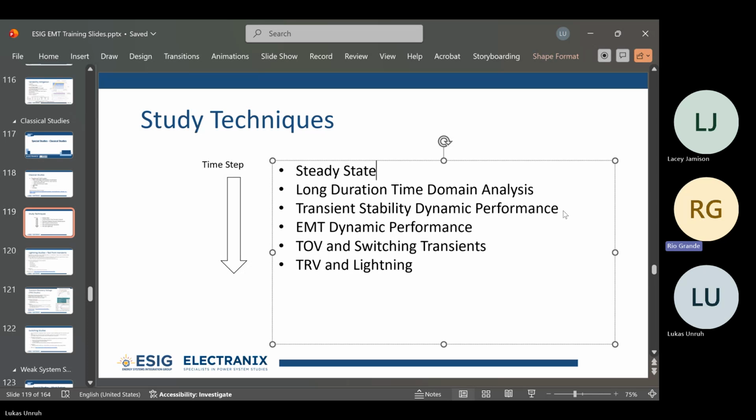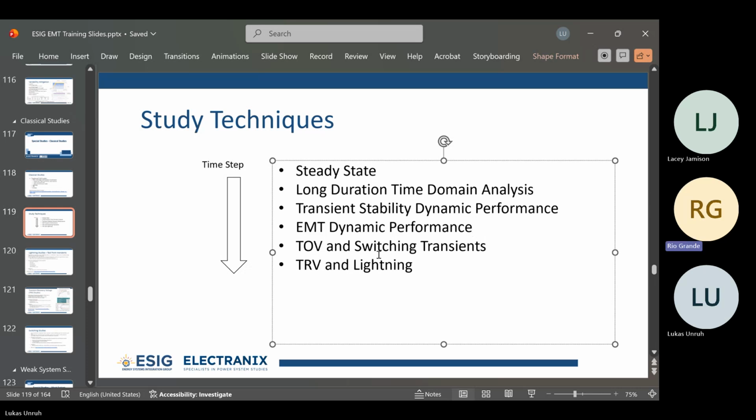Transient stability performance is your millisecond, or quarter cycle type time step. EMT dynamic performance, the kind of stuff we talked about yesterday specifically. Everything we talked about, we're using something in the range of 5 microseconds to 20 microseconds.